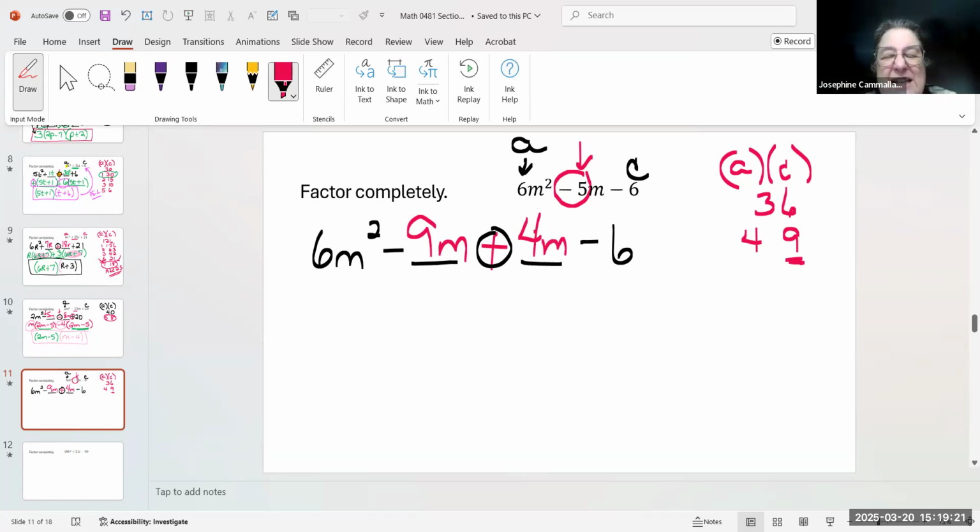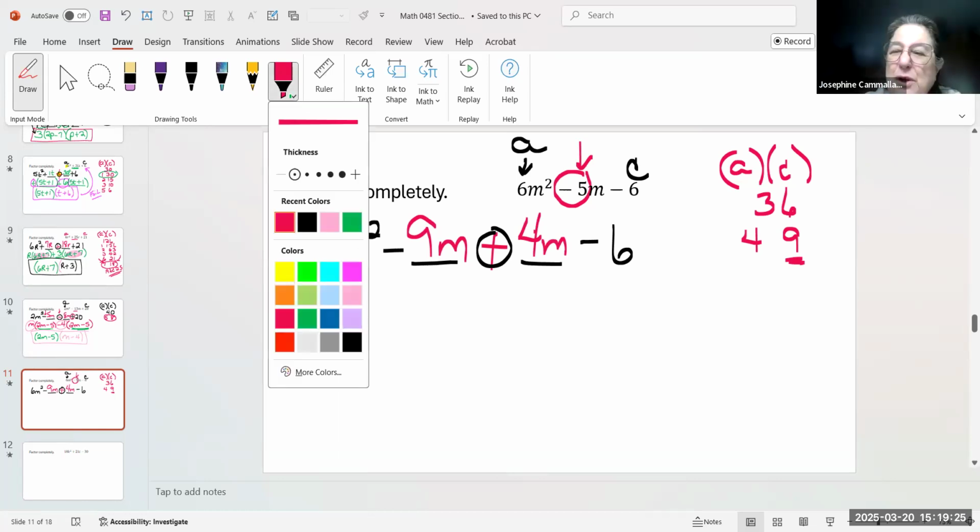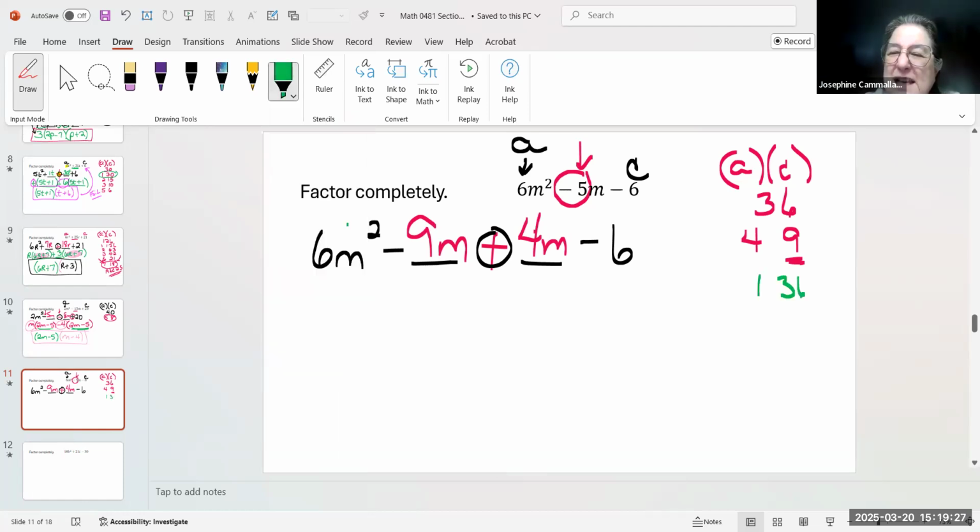You got to find the combination of 36. Now, I could have done 1 and 36, 2 and 18, 3 and 12, 4 and 9, 6 and 6. But if I can think about it right away, saves me a little time. And that's what happens when you get real good with factoring.